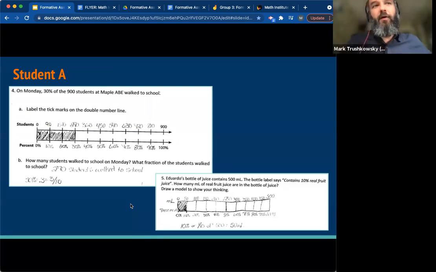So that was definitely something that I heard in almost every group that I was in while they were talking about student A: liking that visual.